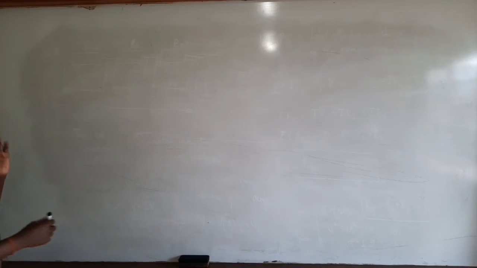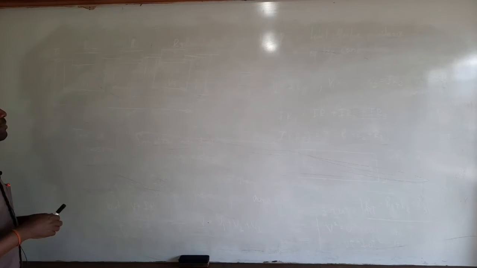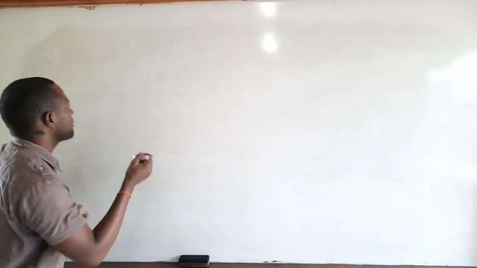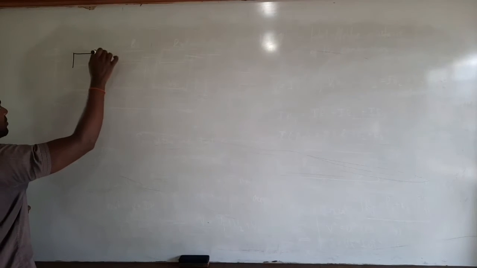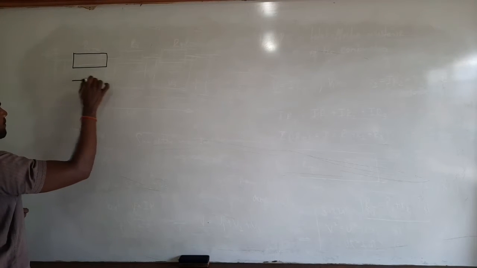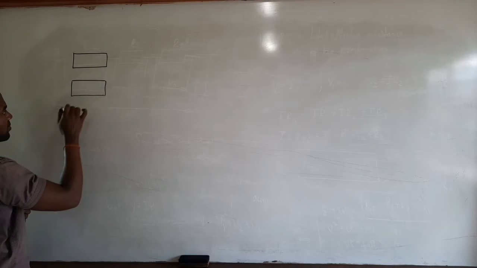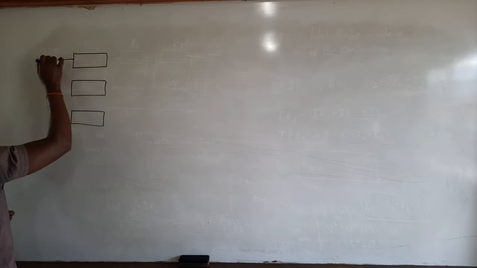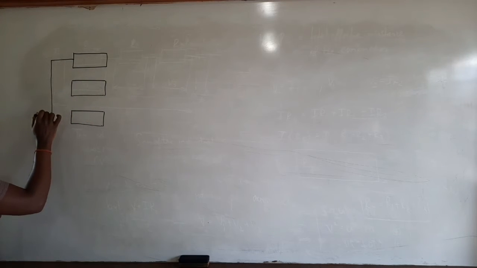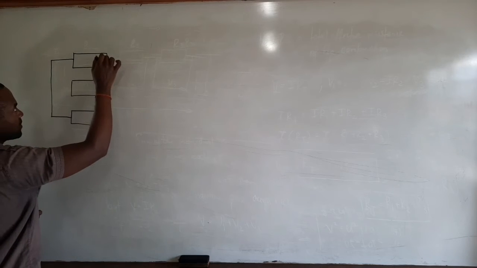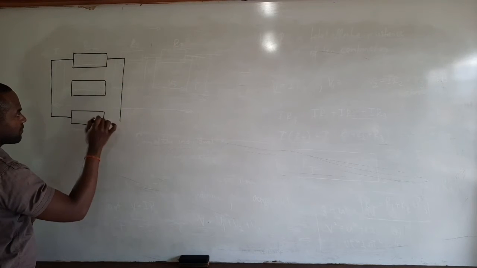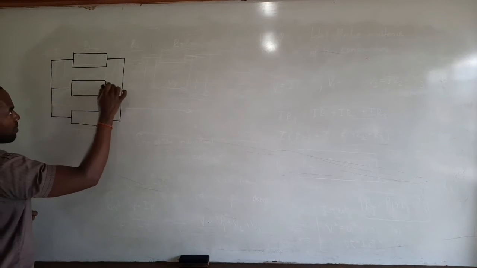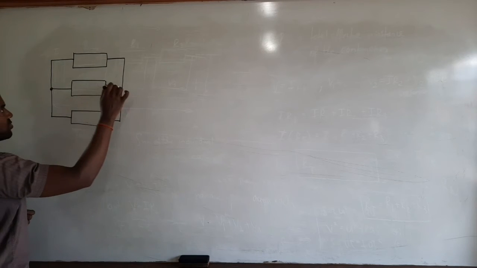So this time we will still use three resistors, R1, R2, R3, but of course this time they will be connected in parallel. So we have R1, R2, R3, and these are connected at a junction right there.